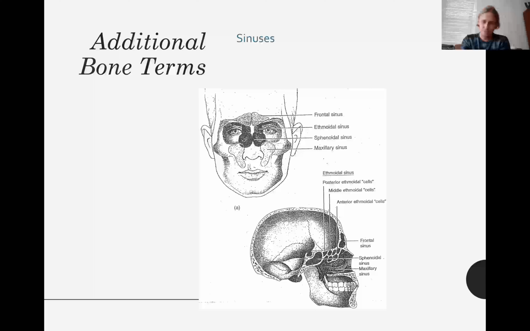Now, the last theorized reason why we have this is to give a nice open, wet, dark area for bacteria to grow. We breathe in a lot of bacteria when we're breathing, and we don't want that bacteria inside our sensitive respiratory system. Instead, we have these open chambers where the bacteria might take a corner and go here instead and start growing there, rather than somewhere where you could run the risk of getting seriously hurt.